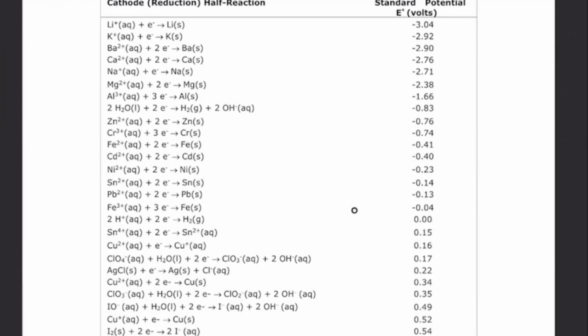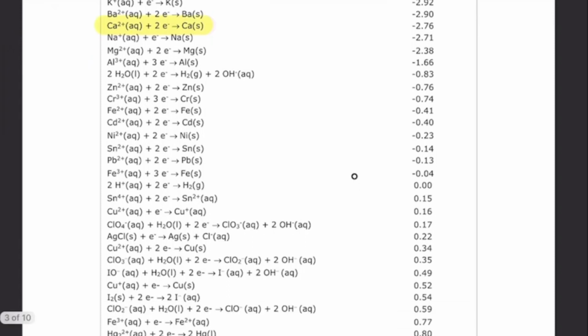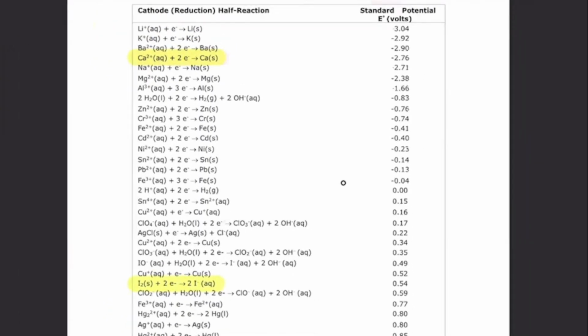Let's say the first one you have calcium, and the second one, let's say we have iodine. If you have these two half reactions, how are we going to determine which one is anode and which one is cathode?